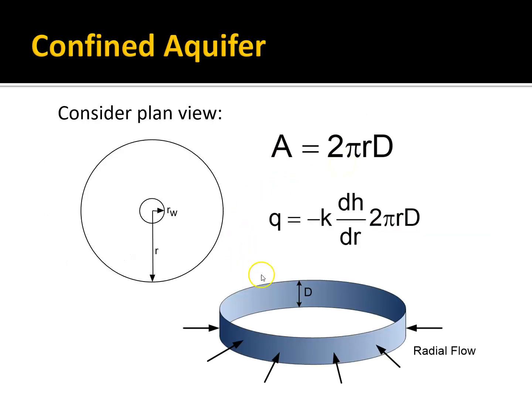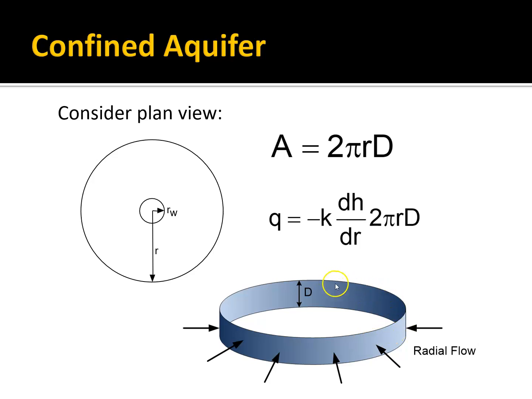At that distance, if you look at this in kind of 3D mode, the area of flow towards the well, the water is all going directly towards the center of the well. There's this band whose height is the thickness of the confined aquifer, and the water is all flowing through this band.